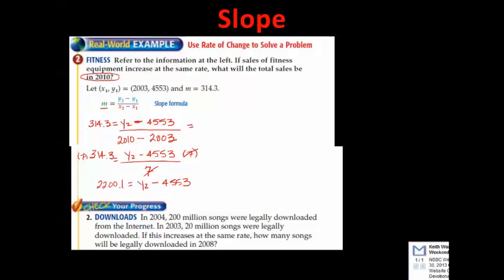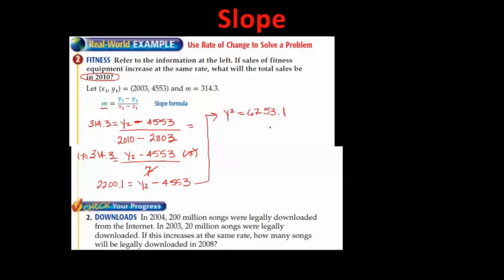minus that 4,553. So then I'm going to add that 4,553 to both sides. And I'm just going to move my problem up here. I'm going to say y2 equals 6,753.1.